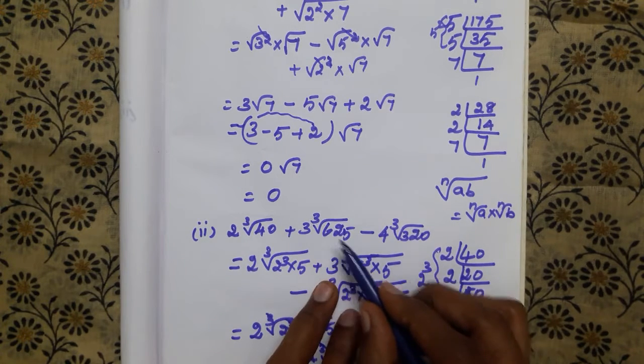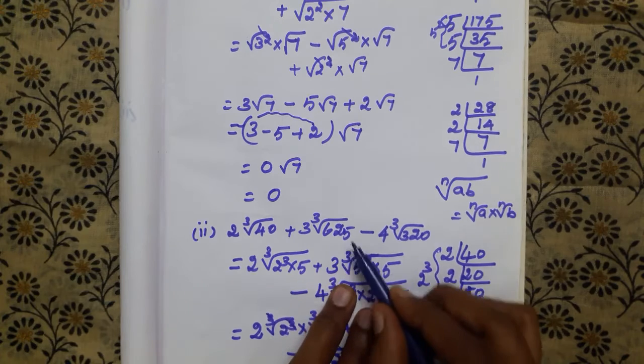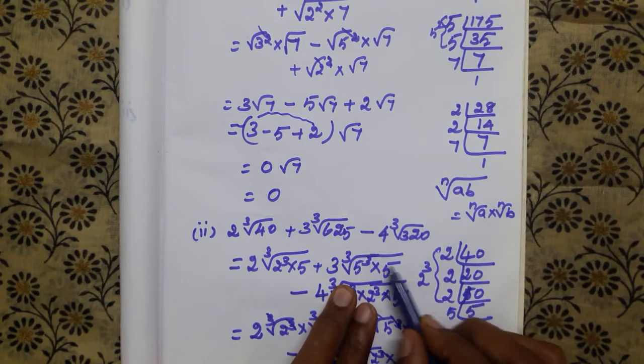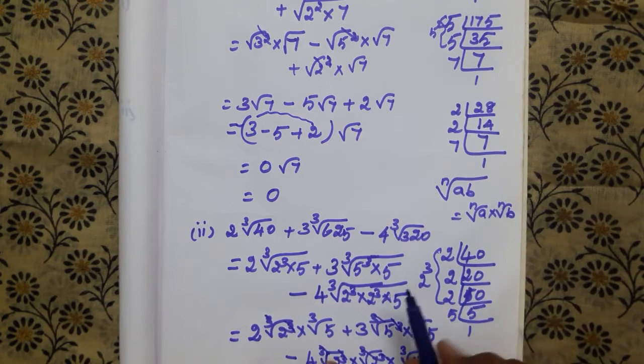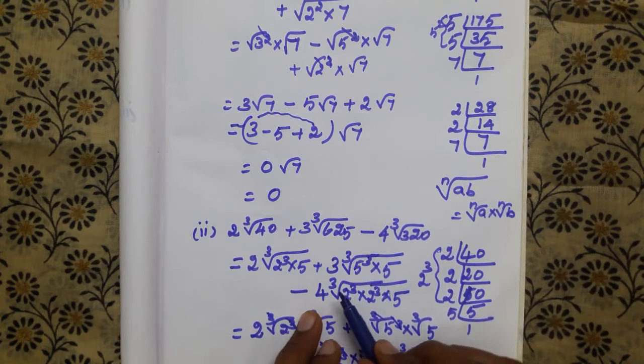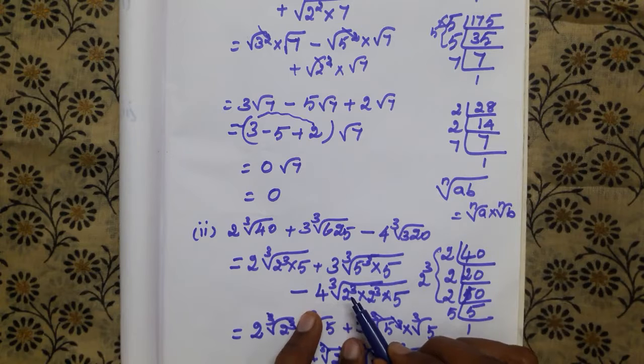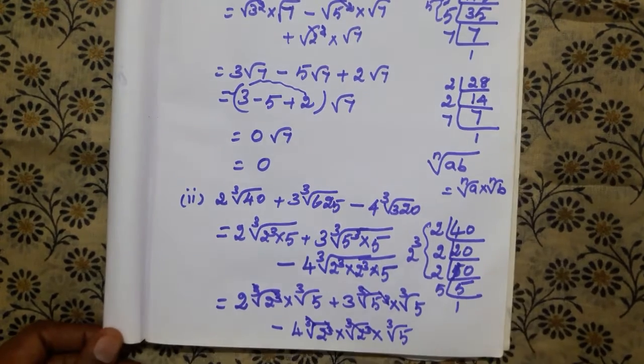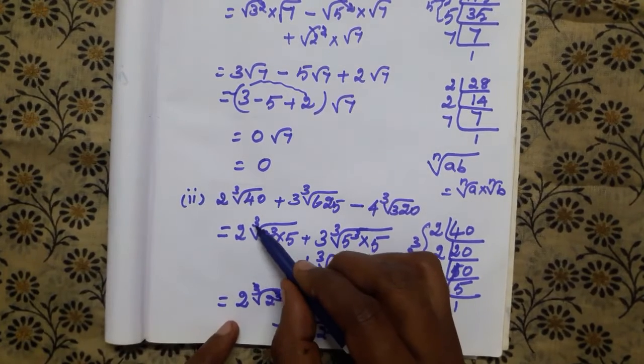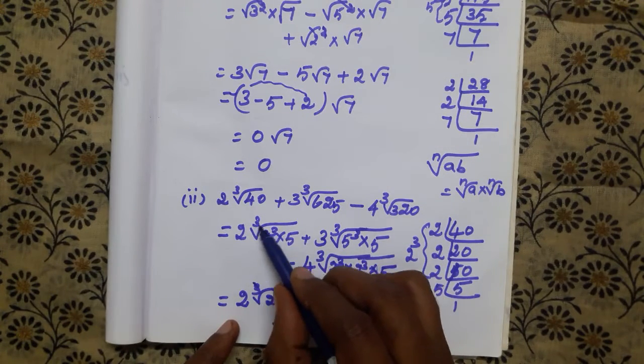Next, 3 into cube root of 625 is 5 cube into 5. Next, minus 4, this cube root of 320 is 2 cube into 2 cube into 5.